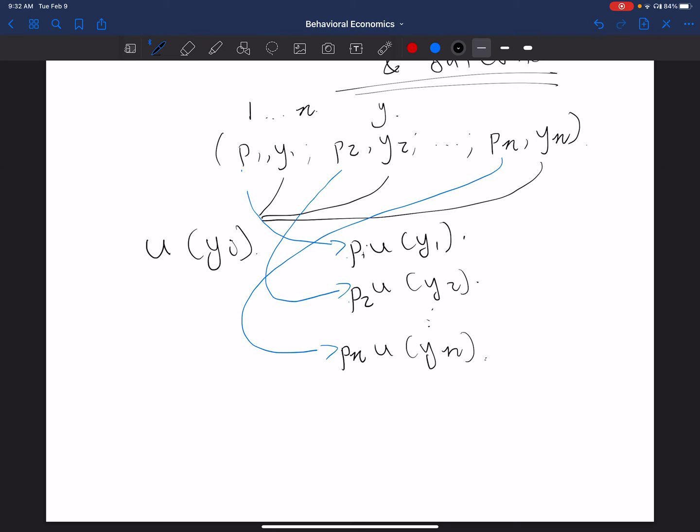And we have to think, okay, how do I evaluate all of these together? The way that we do that is with the expected utility of a given prospect.